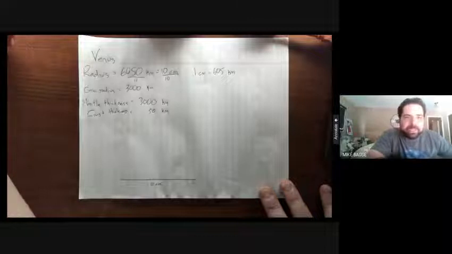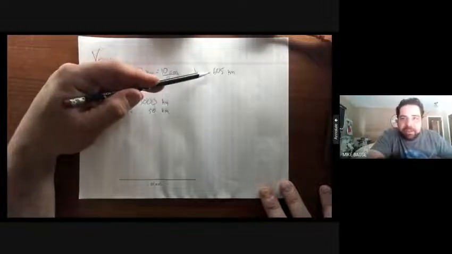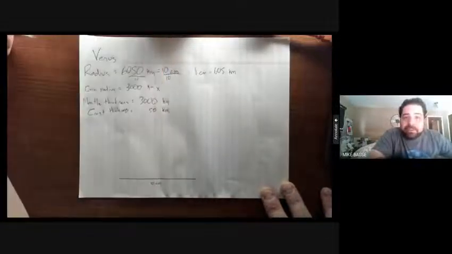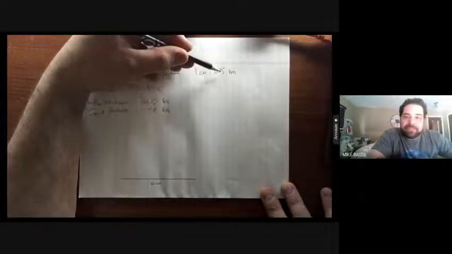Now what I got to figure out is what my scale sizes are for all of these. It's easy. I got my scale factor right here. All I have to do is set it up like a factor label problem, like you might have used in chemistry before. If not, no big deal. Here's the short and sweet. I have 3,000 kilometers here. I know 1 centimeter equals 605 kilometers.